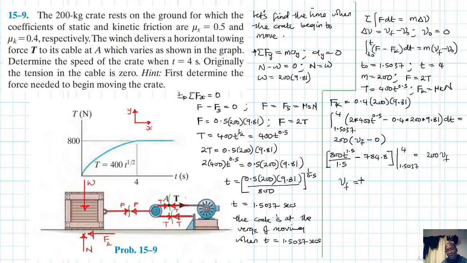So v final is therefore equal to, let's calculate this.